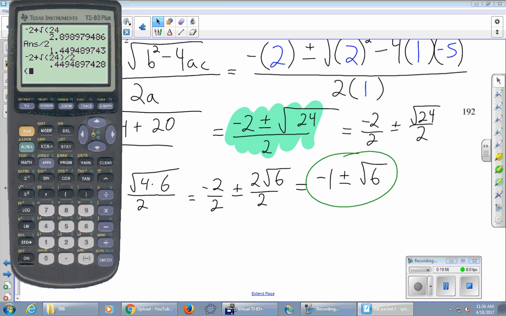But when you type it all in one shot in the calculator, the riskier but more efficient way has to start with parentheses. So if you are into being really efficient, you can do this. Close the parentheses for the square root, close the parentheses for the entire numerator, and then finally divide the whole thing by 2, and we'll get the 1.449.